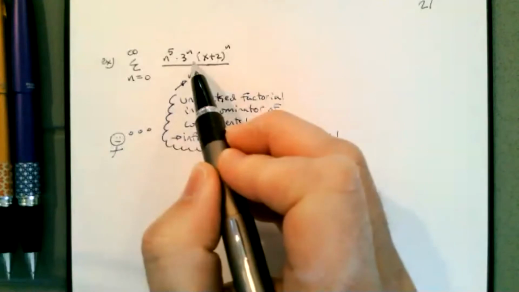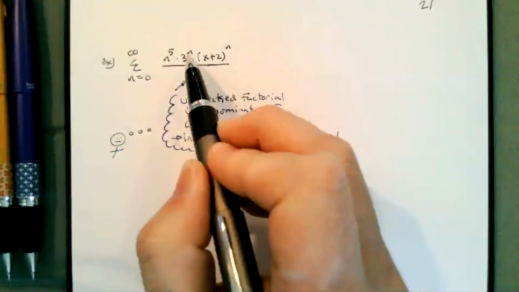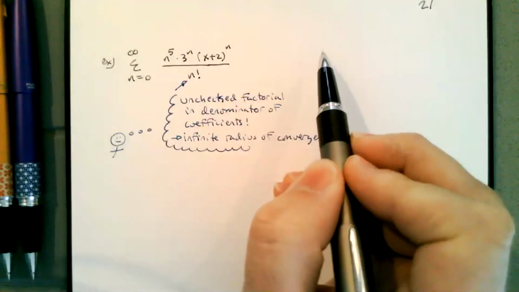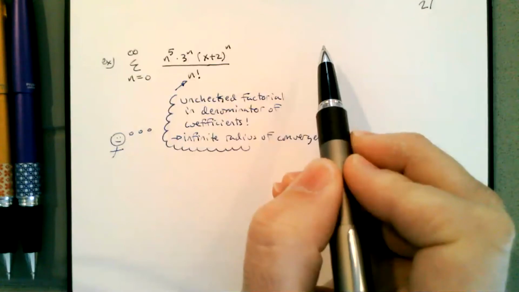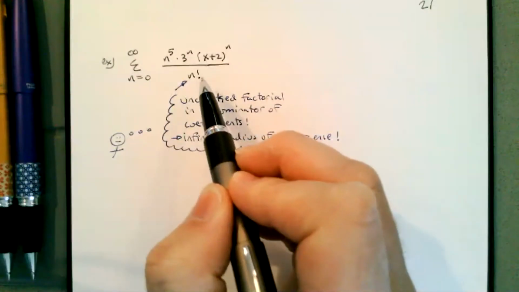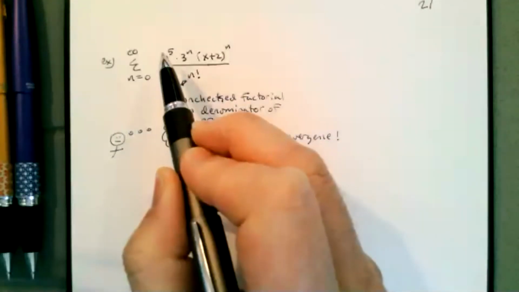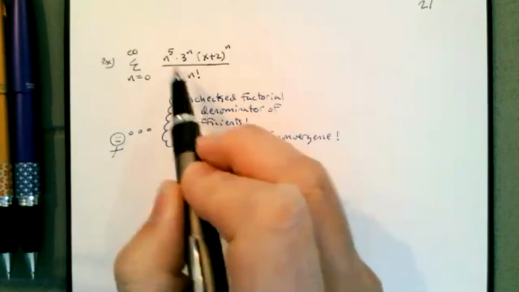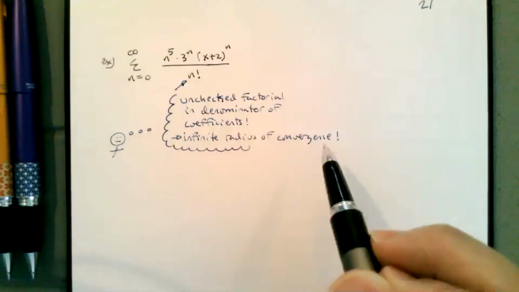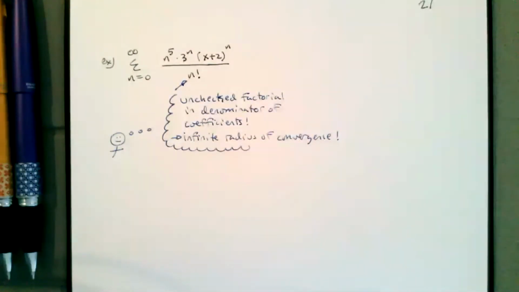A 3 to the n in the numerator means our radius of convergence is going to be 1/3, because we're going to have 3 absolute value of x plus 2 as the limit from the ratio test. But then the factorial in the denominator, without a factorial in the numerator to cancel it out, means that we should have an infinite radius of convergence.